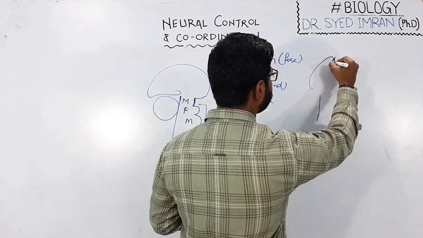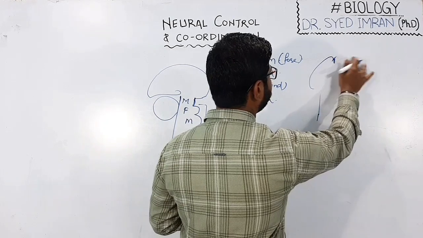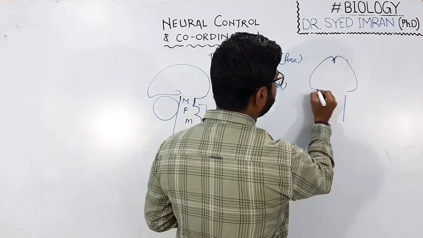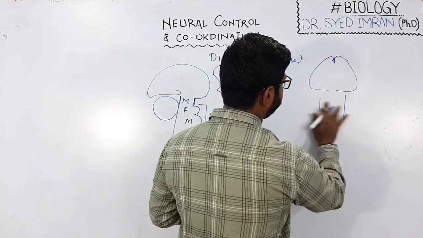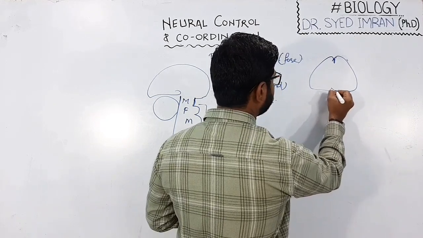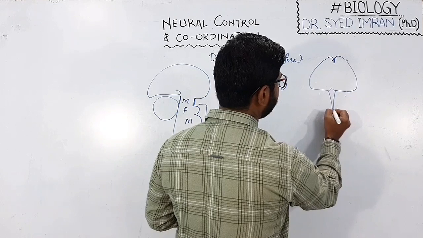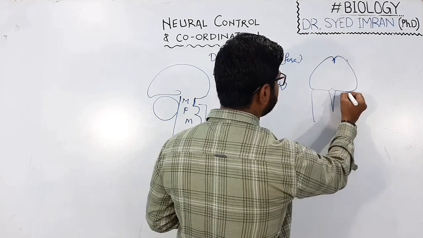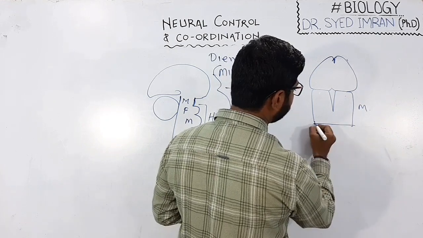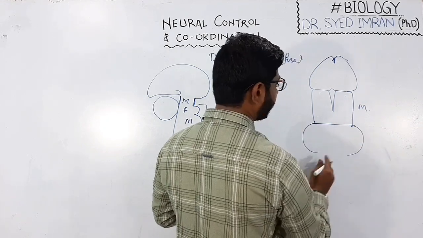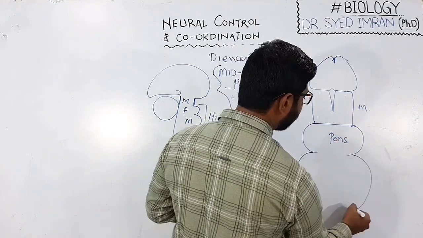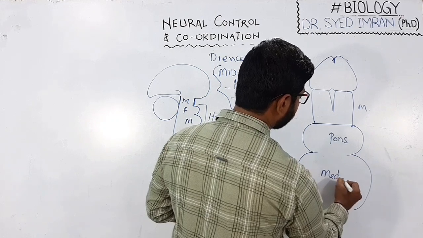This is the cerebrum, that is forebrain, anterior lobe, frontal, a knob-shaped structure, and this is your midbrain. Just below the midbrain, this vesicle part is the pons, and below the pons another vesicle is the medulla.